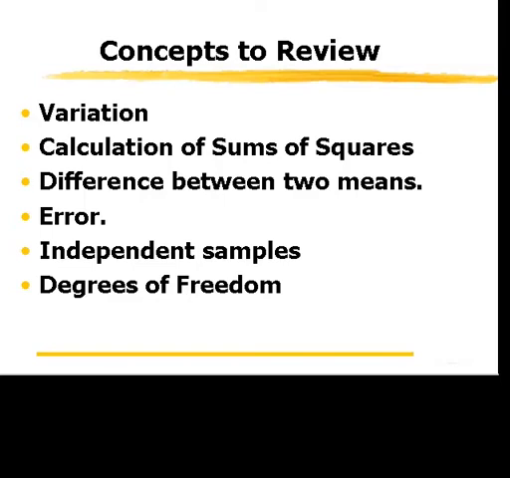With analysis of variance, we also need to think about, as we did with the t-test, the difference between 2 mean scores, the difference in depression scores between males and females, for example. But then we also need to think about the difference between more than 2 means. We have more than 2 groups, for example.